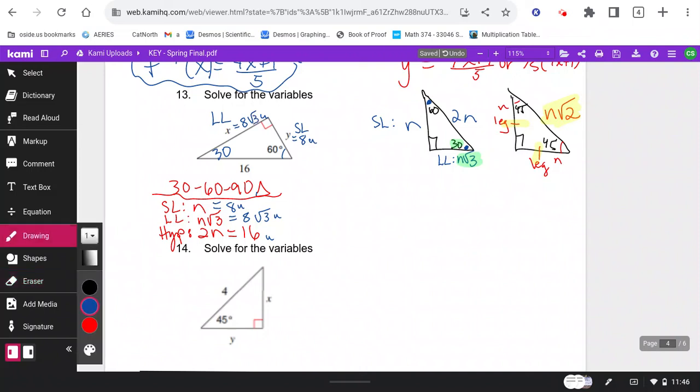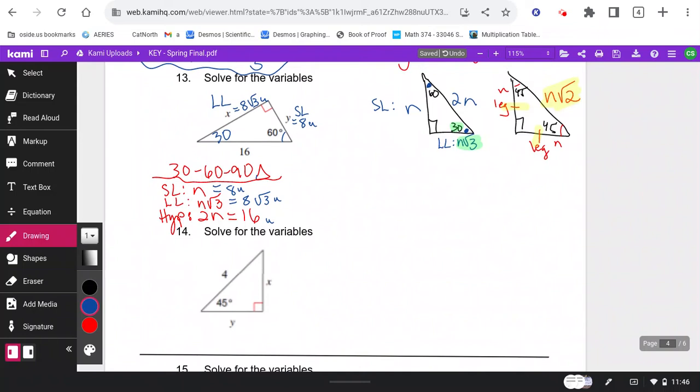Okay, next, it's a 45, 45, 90. So we've got the leg and we've got the hypotenuse. Given in this picture, the hypotenuse of n root 2 is given as a whole number 4. In order to solve for n, I need to work backwards and divide by root 2.